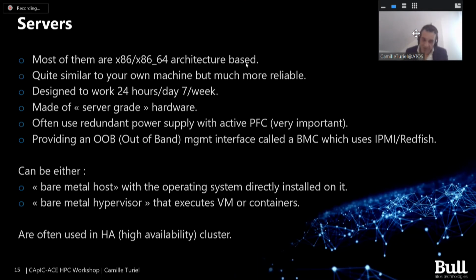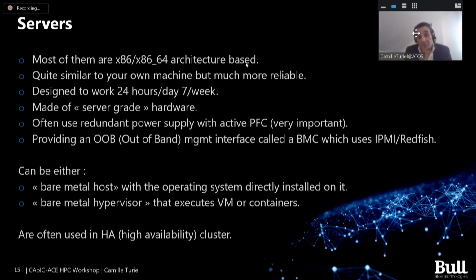I won't go into detail because it is a bit too specific and I would overflow on the time we have available to discuss that. But just keep in mind that most of the servers, at least for now, will be x86, basically the same families as in your own laptop or desktop computer.